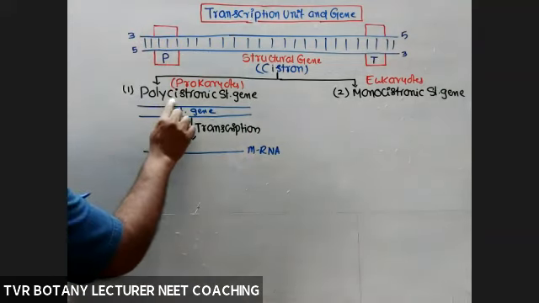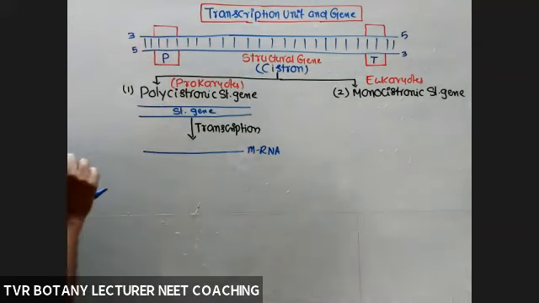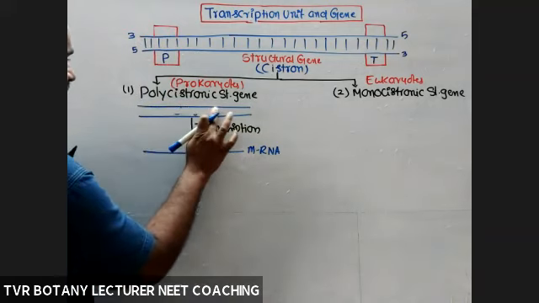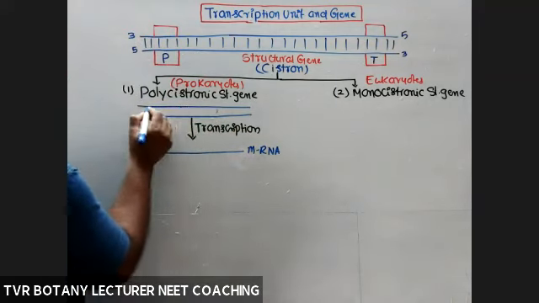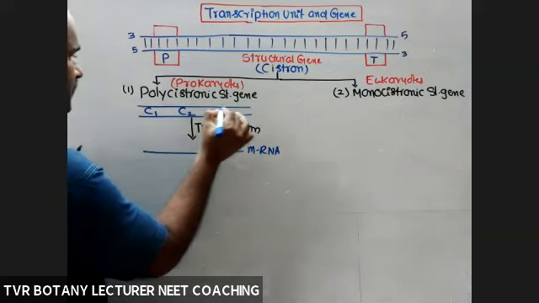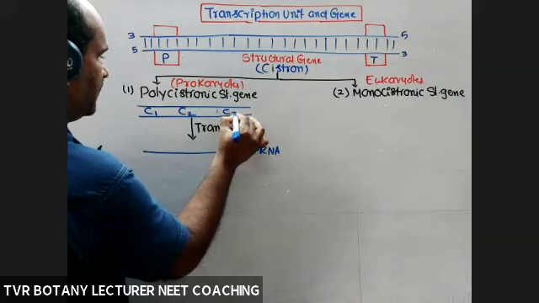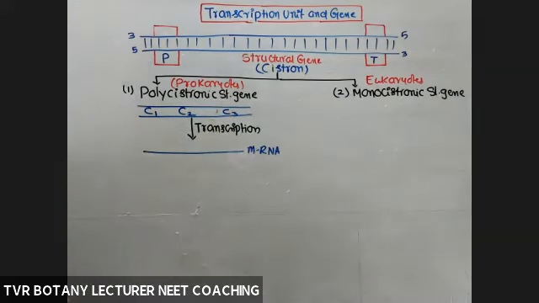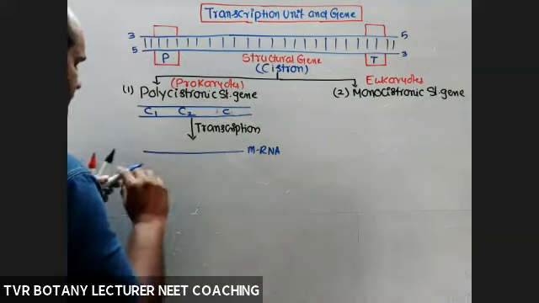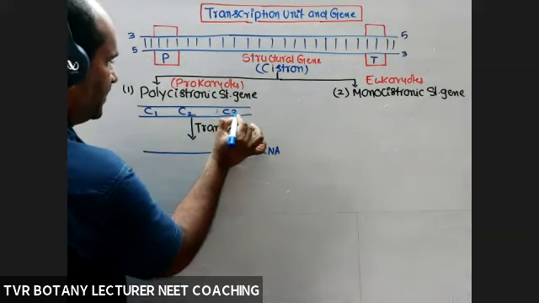So what is a polycistronic structural gene? Many cistrons are present. So here, instead of one structural gene, take cistron 1, cistron 2, cistron 3. Many are present. Here I'm taking three cistrons. So this is a tricistronic.